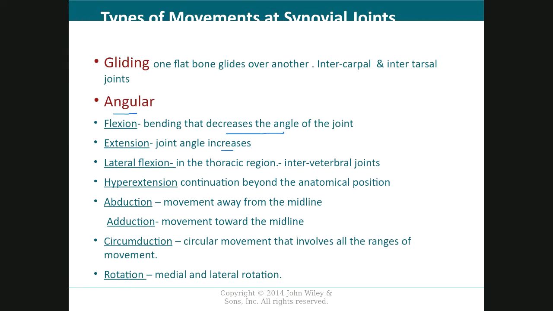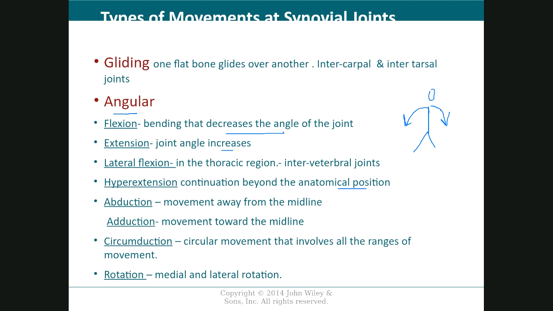Lateral flexion would be either, here's the person, this would be a right lateral flexion. Let's see, here's his head. And here's his feet. So it's referring to the mid-back or the thoracic. This would be a left lateral flexion. Hyperextension is continuing beyond normal anatomical position.